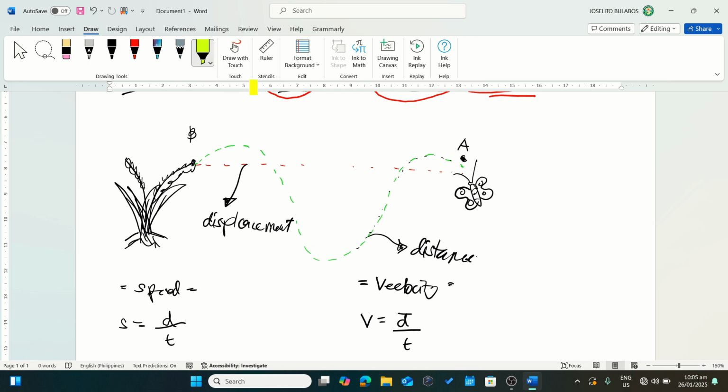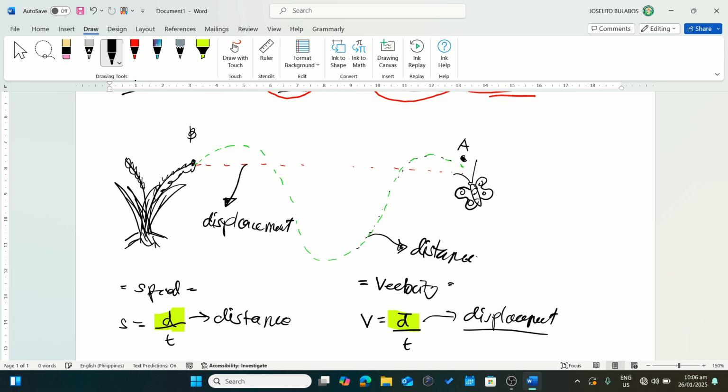So for velocity, this is displacement. We want to know how fast the object is moving along that particular direction or along that particular path, which is displacement. On the other hand, for speed, we want to know how fast the object is moving along this particular path, which is what we call distance.